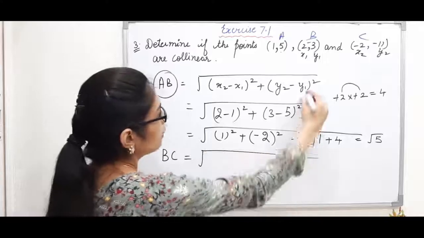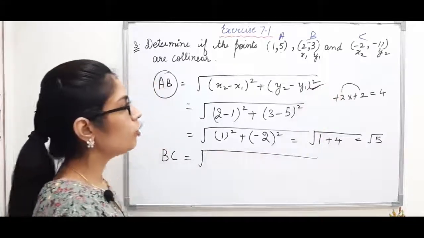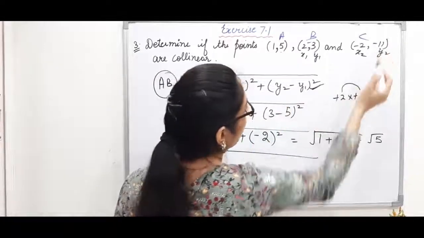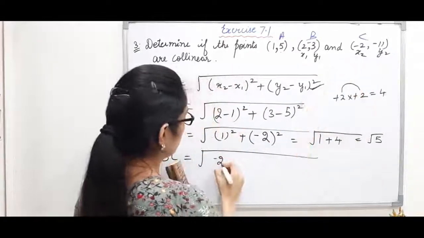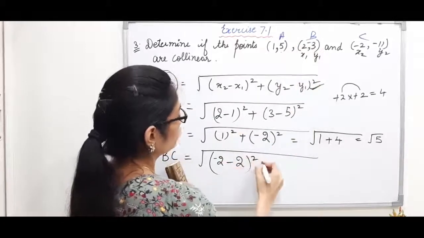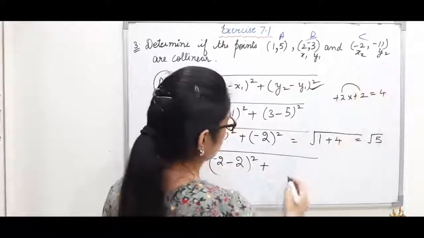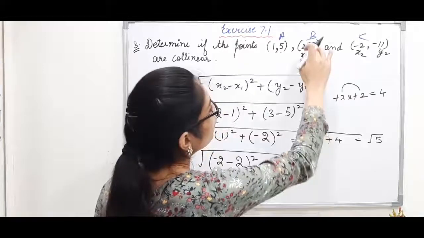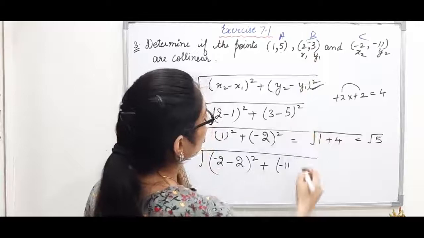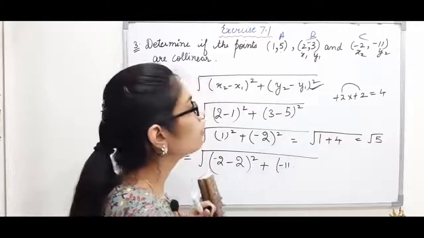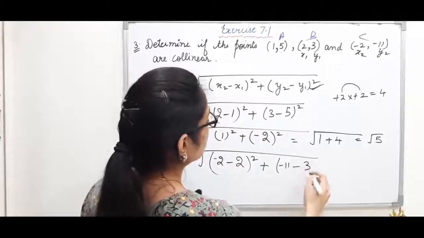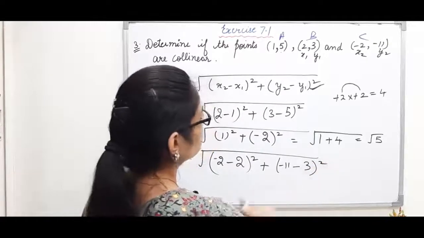Now same formula I have already written here, same formula we have to use. x2 is minus 2, minus x1 which is 2, plus y2 which is minus 11, minus y1 which is 3, whole square.